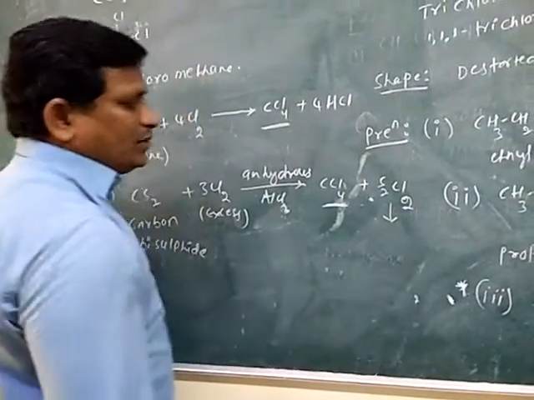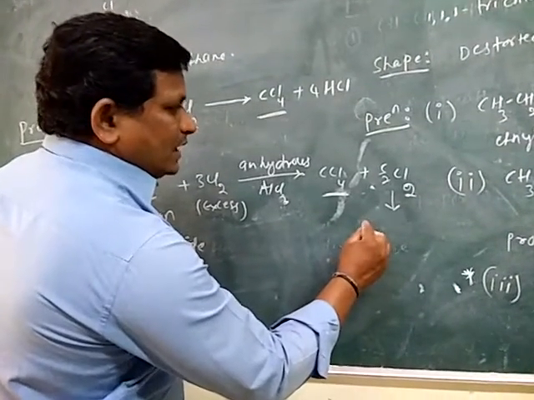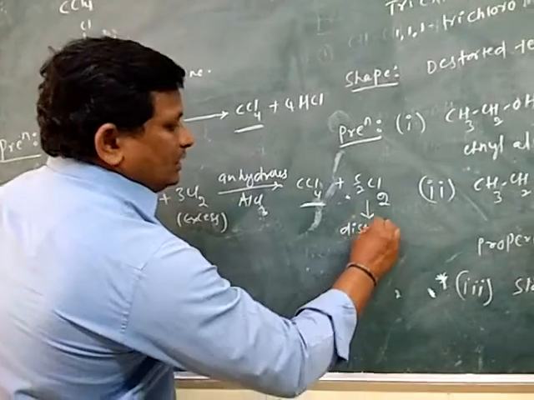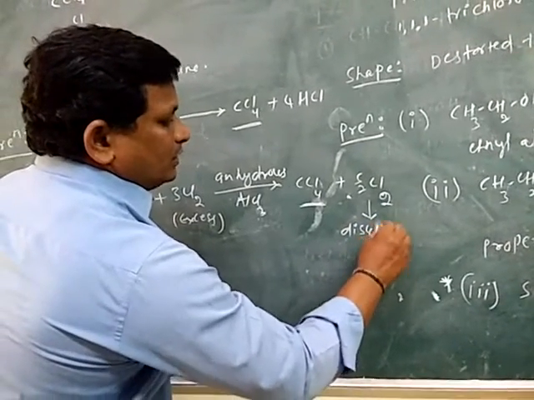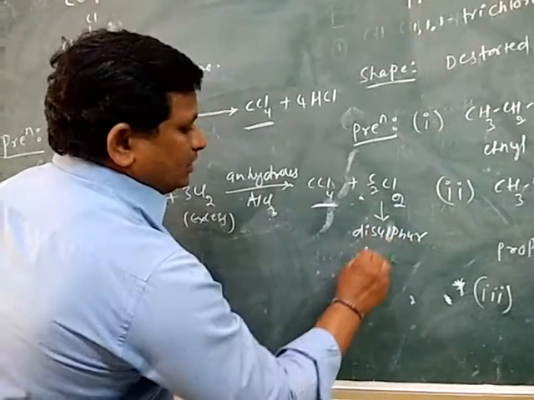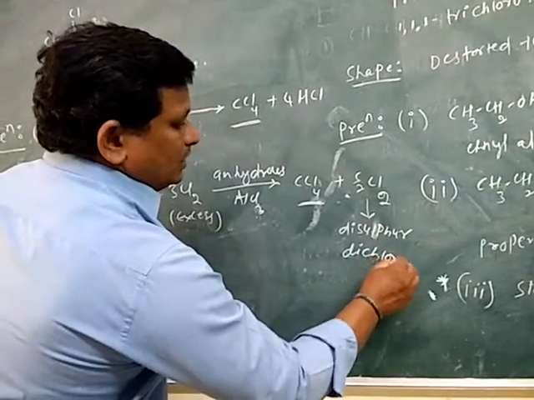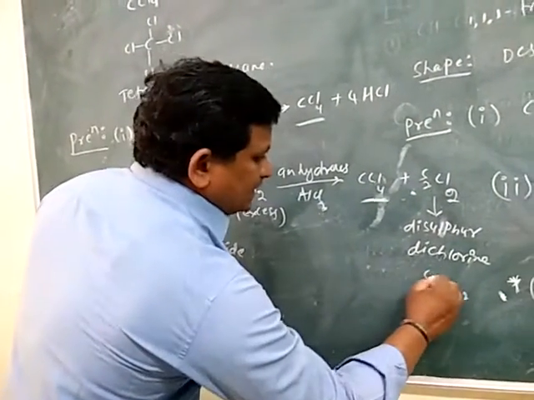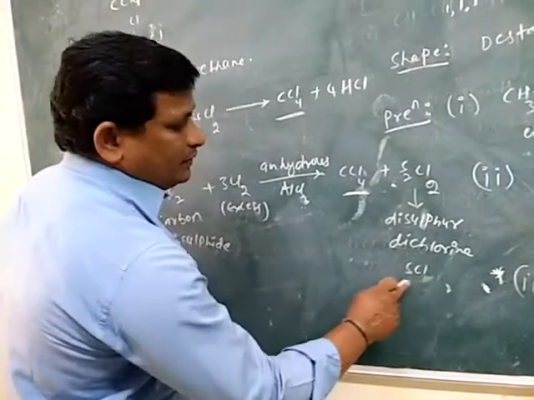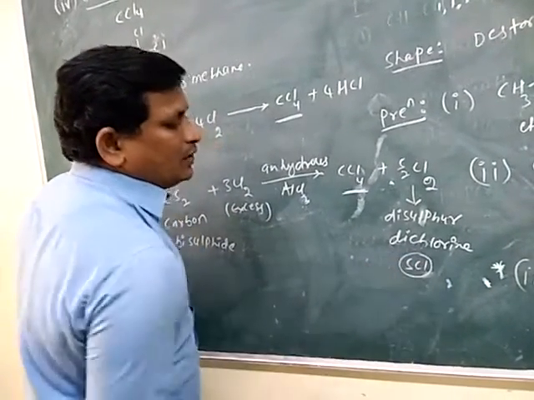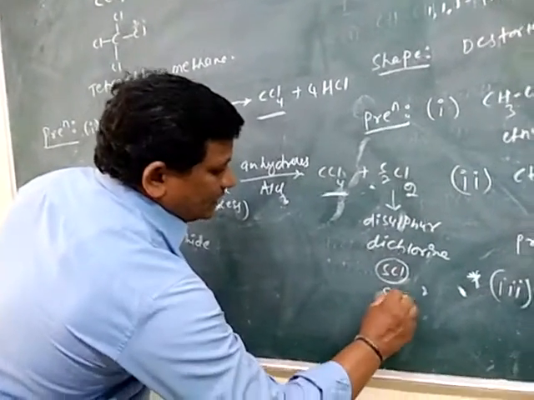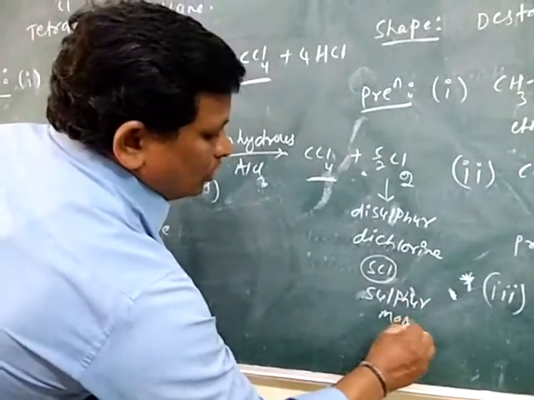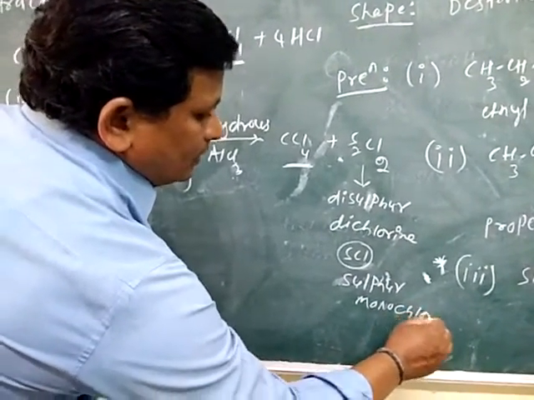The name of this compound is disulfur dichloride. It is the dimer of SCl, sulfur monochloride.